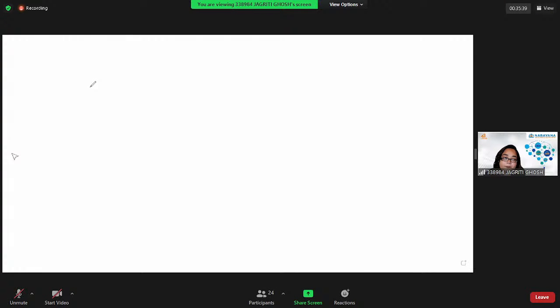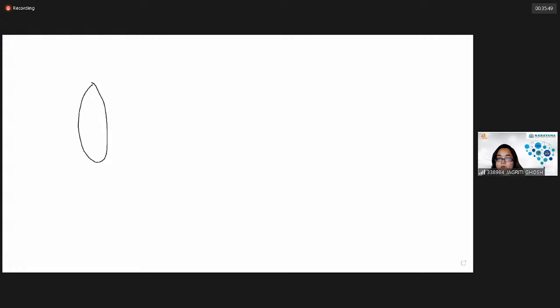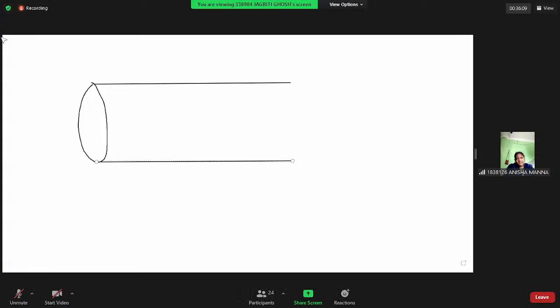This is I am drawing a microfibril. So the compartments of microfibrils are known as sarcomere. Good.